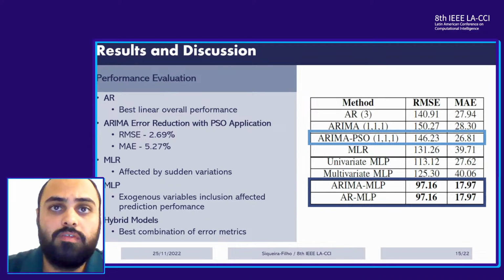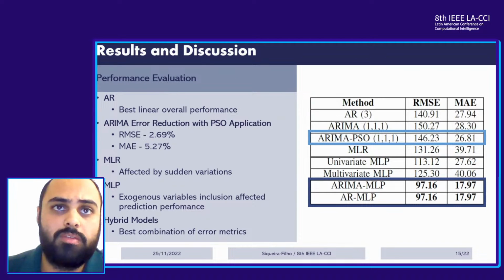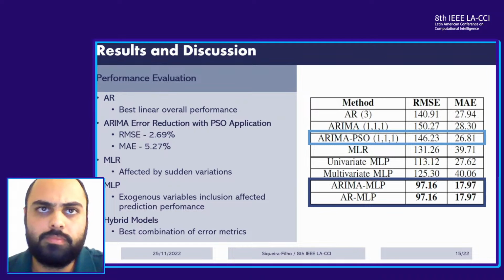And the addition of new inputs in the MLP affected the ability to follow the series variations, causing an increase in the mean absolute error. And finally, the hybrid approach models had the best combination of error metrics, as highlighted in the table, being superior to any other tested model.